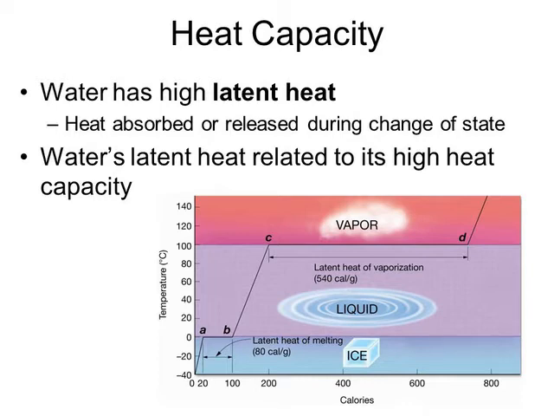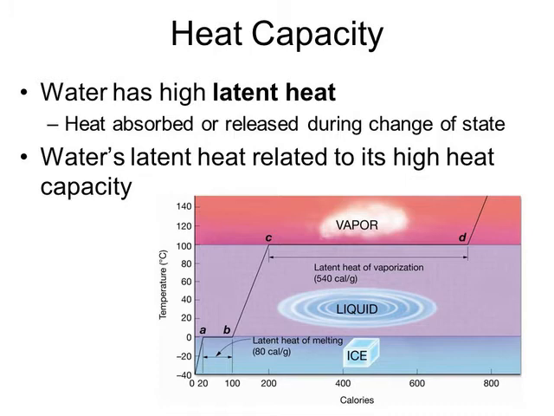So let's look at this image below. If we start down at the bottom left hand corner, at negative 40 degrees and 0 calories, and heat up that block of ice to point A, then from point A to point B, it takes 80 calories per gram to melt a block of ice into liquid water.